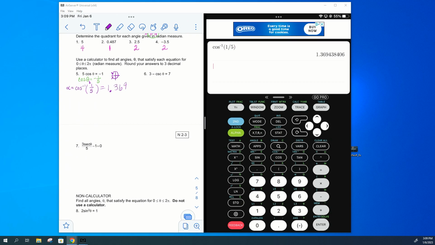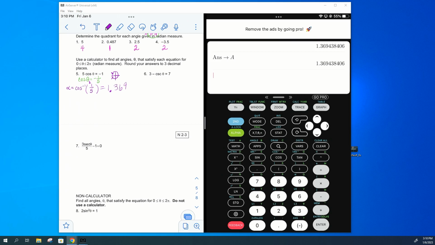This also helps you, calculus-wise, in storing. I don't want to have to hit 1.369 so many times, so I like to store that into A, for alpha. You hit the STO button above your on, then alpha A, hit enter, and that is now stored into alpha.